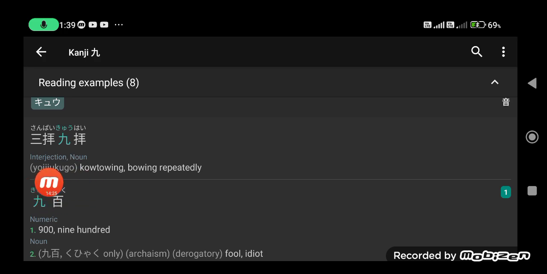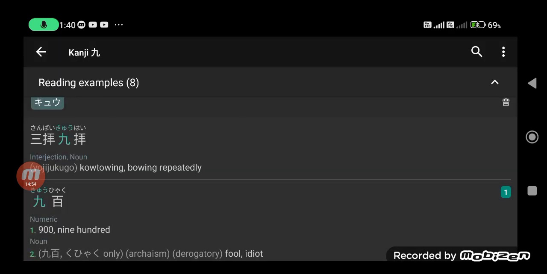Yoji means 4 characters, so these are expressions formed by using 4 kanji characters. Jukugo is an idiomatic expression, so yoji jukugo is an idiomatic expression using 4 characters.